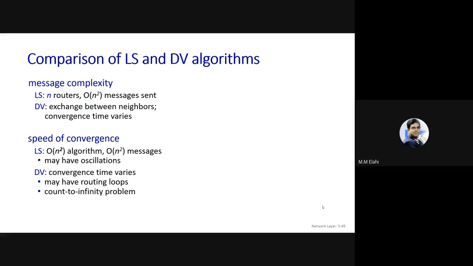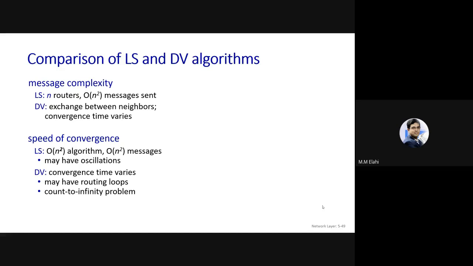For distance vector, convergence time also varies. That means if there are 10 possible nodes in the middle between one node and the extreme node, it will take longer to converge. But the idea is link state can take some time to start the calculation, and distance vector can start the calculation right away.